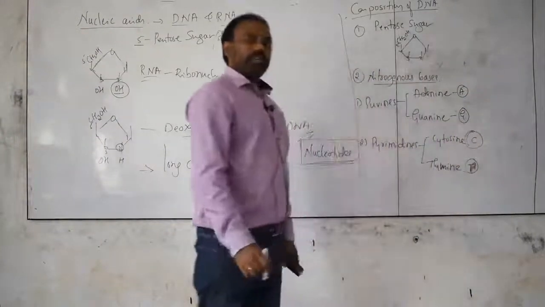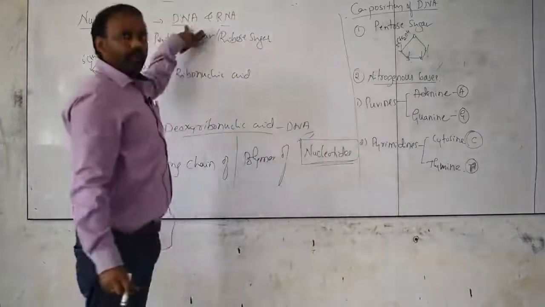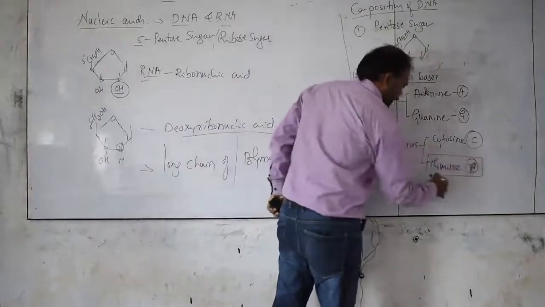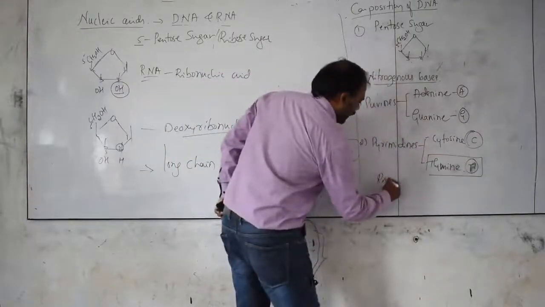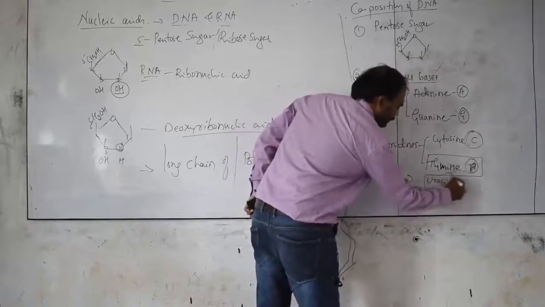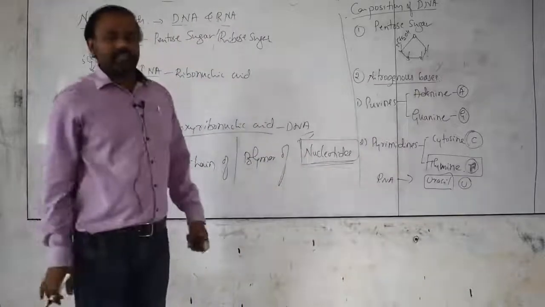One more thing to understand is that in the case of DNA, thymine is present. At the same time, if I write RNA, instead of thymine it will have uracil, represented as U. So these are the nitrogenous bases.